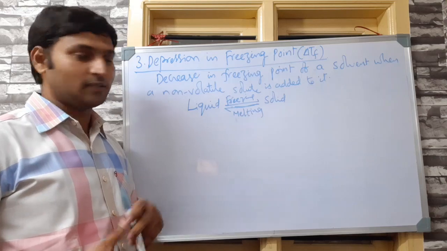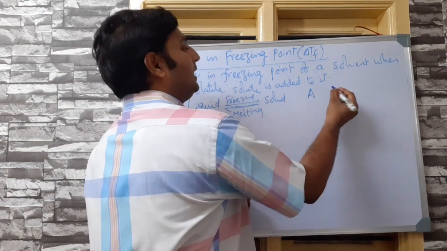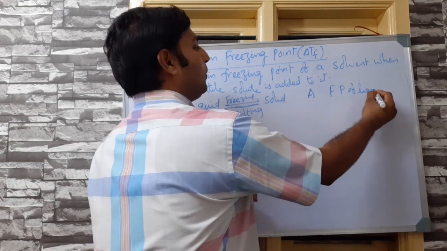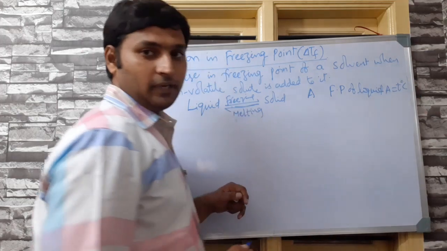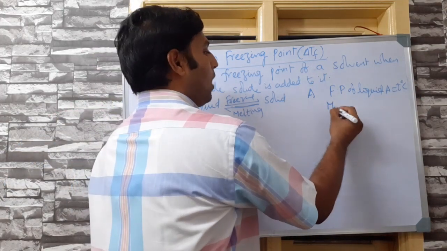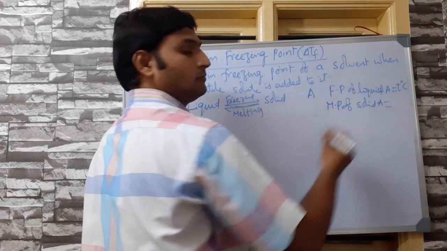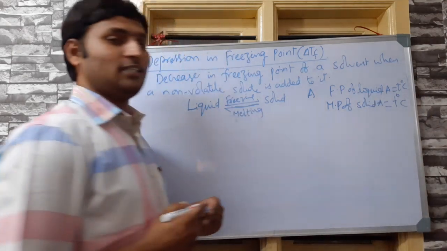Now the question is, for a substance A, the freezing point of liquid A is equal to T degrees Celsius, for example. Then can you tell me what is the melting point of solid A? You are absolutely right. That is also T degrees Celsius.